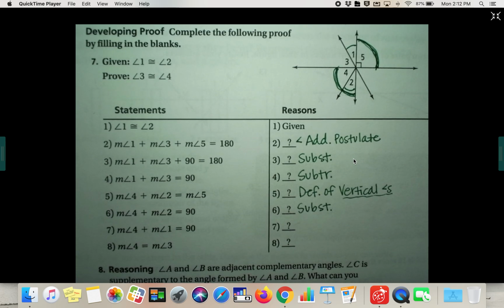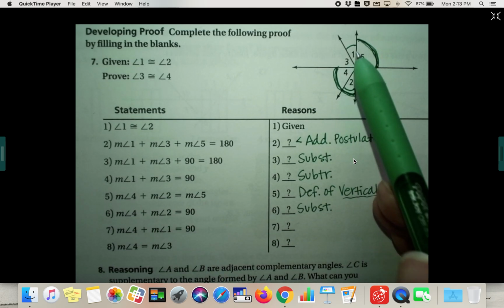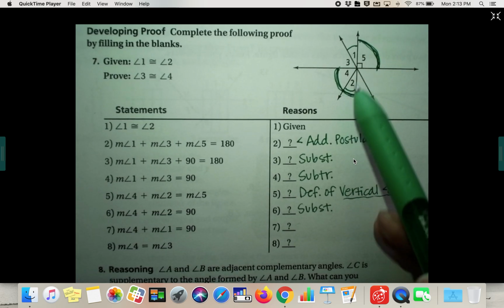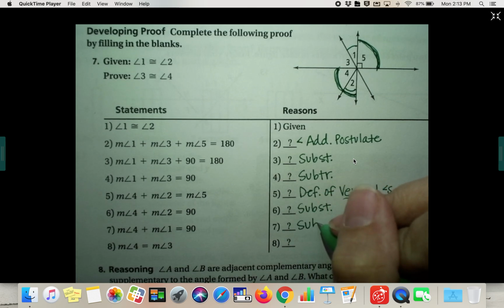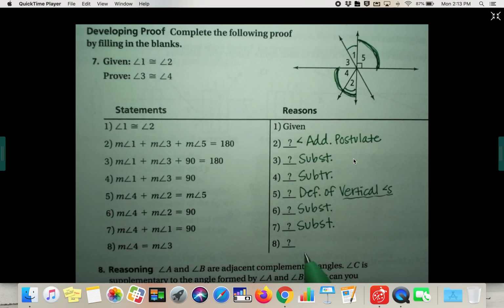Then they said the measure of angle 4 plus, now they changed it from 2 to 1, the measure of angle 1 equals 90. That would be substitution again. We're flip-flopping them, substituting angle 1 for angle 2. So substitution again.